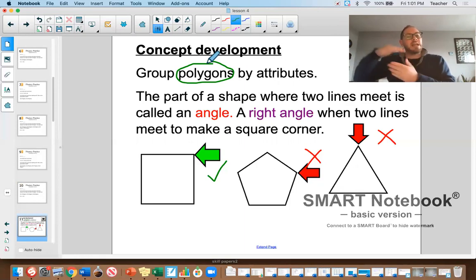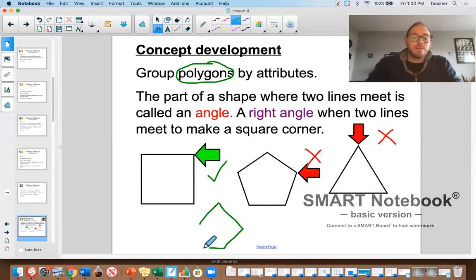It doesn't have any empty spaces. I've got 3 polygons on my screen, and I'm going to draw one that isn't a polygon. That one is not a polygon because it has an empty space between its lines. So that is not a polygon.